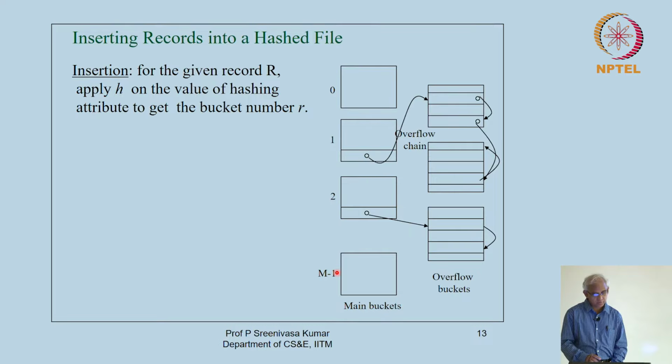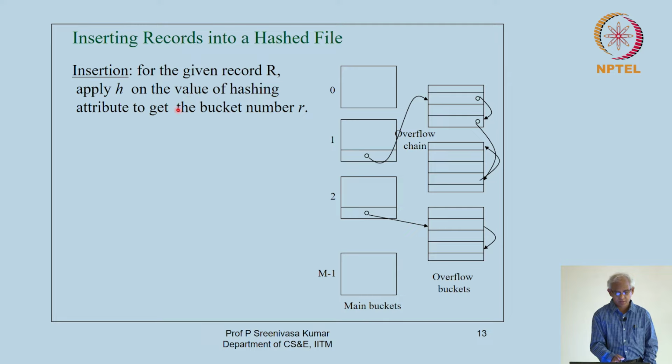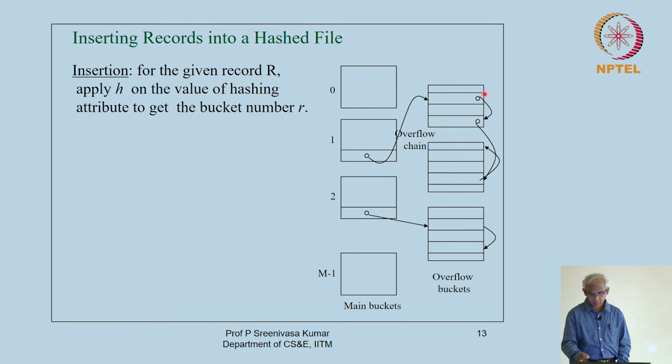Okay, so to insert a new record into this kind of a hashed file, this is how it works. The main data is lying here in the main buckets, and these are overflow buckets. We'll see what exactly overflow buckets are.